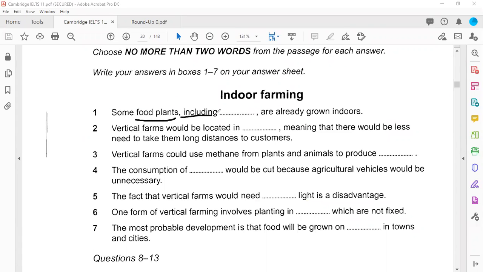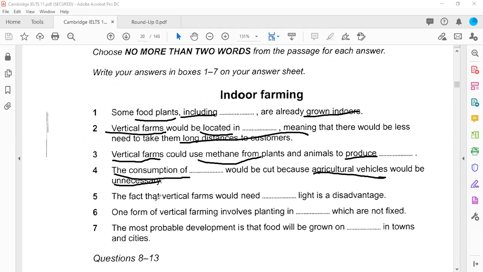Food plants, some food plants, including indoors, vertical, located, long distance, vertical, methane, produce, consumption of, vehicles, unnecessary, vertical farms need light, vertical farming, planting, not fixed, probable development, food grown, towns. So we look for keywords.